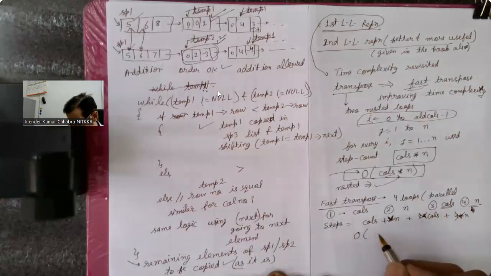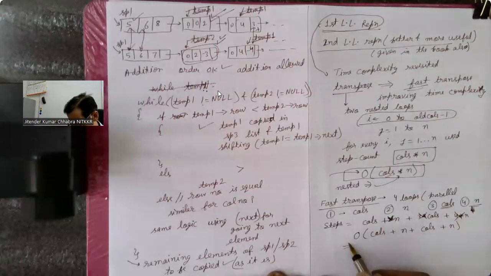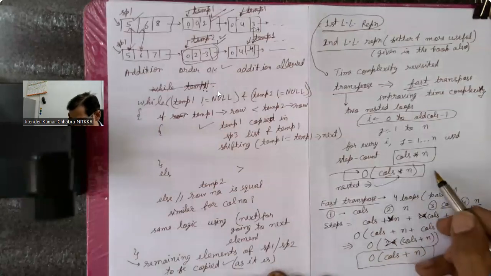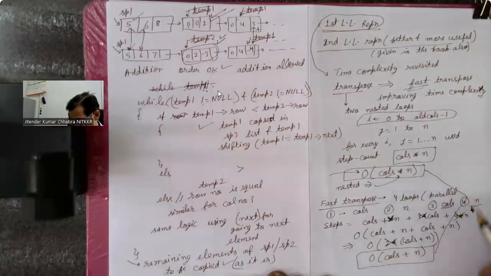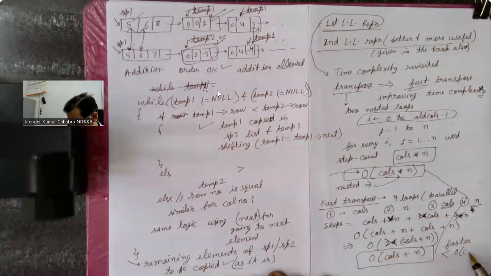Effectively, in terms of big O complexity, it becomes columns plus n plus columns plus n. Indirectly meaning it becomes order of 2 into columns. If I mathematically calculate the above solution, both are being repeated, but again 2 doesn't matter. So primarily it becomes order of columns plus n. So now you can see that both time complexities changed. This is faster because this is guaranteedly less than the multiplication value.